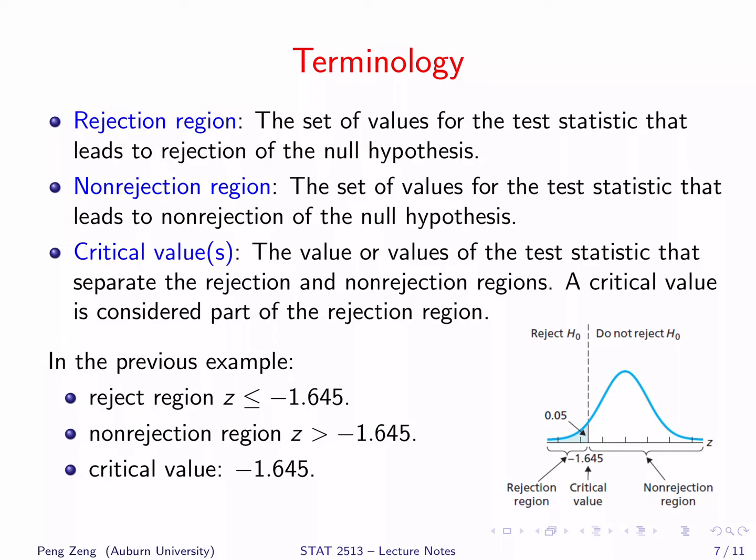The rejection region is z less than or equal to negative 1.645, and the non-rejection region is z larger than negative 1.645. Notice that the value negative 1.645 is included in the rejection region.